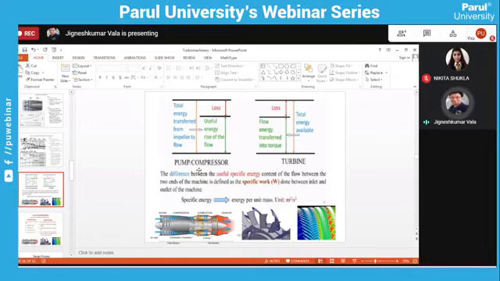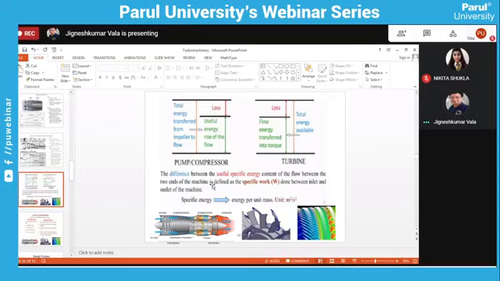In the case of a turbine, of the total energy available with the fluid, we cannot extract all of the energy that goes into the blade in the form of torque. The power produced is only a fraction, maybe a large fraction like 80%, 90%, but not 100%. So there is a component called loss.